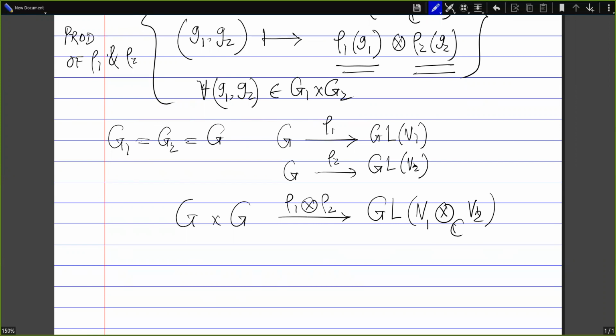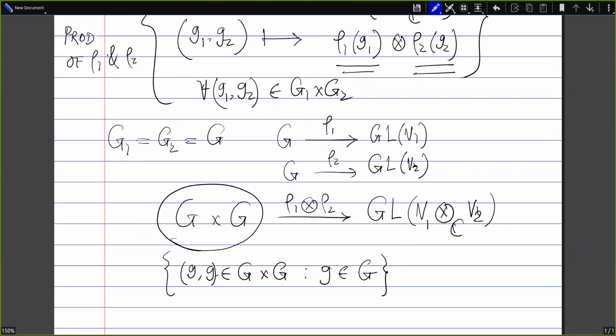That's how we get a representation of G direct product G. Now observe that this contains a subgroup which is isomorphic to G, namely the diagonal subgroup of G cross G. You can immediately see it is isomorphic to G, and the isomorphism is also the most obvious one: each pair (g, g) goes to g.